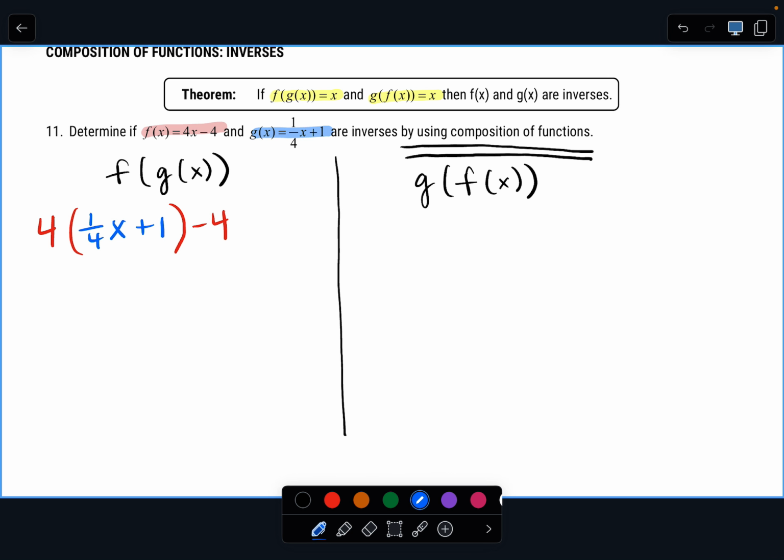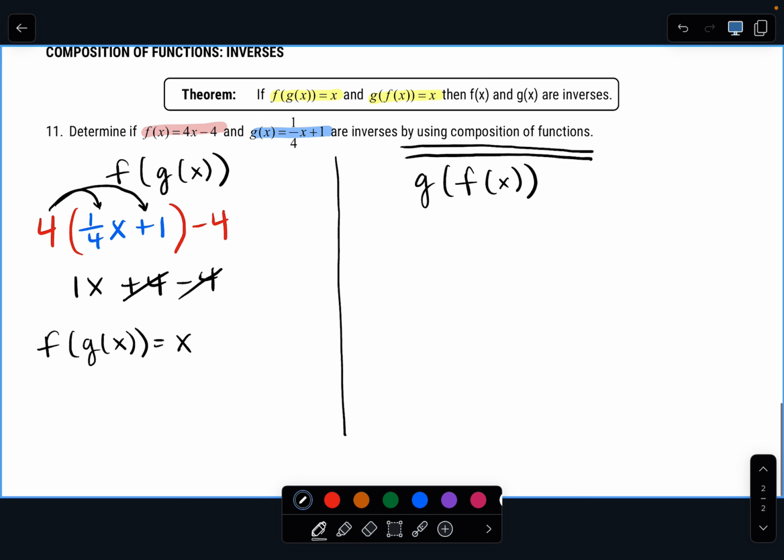Anytime you have a number in front and you have parentheses, you should go in and distribute. So what is 4 times 1/4? 1. So I have 1x plus 4 minus 4. What happens to the plus 4 and the minus 4? They cancel out. So f of g of x is equal to x.